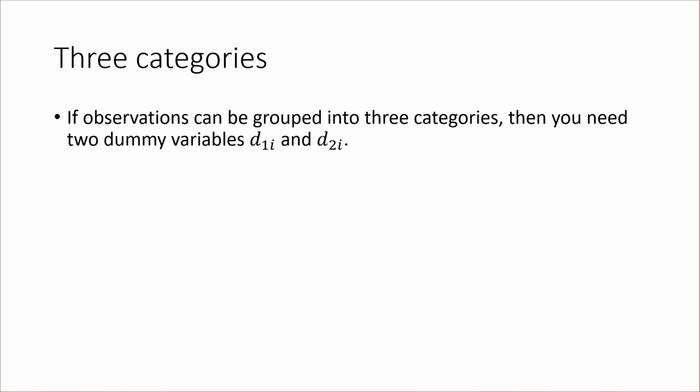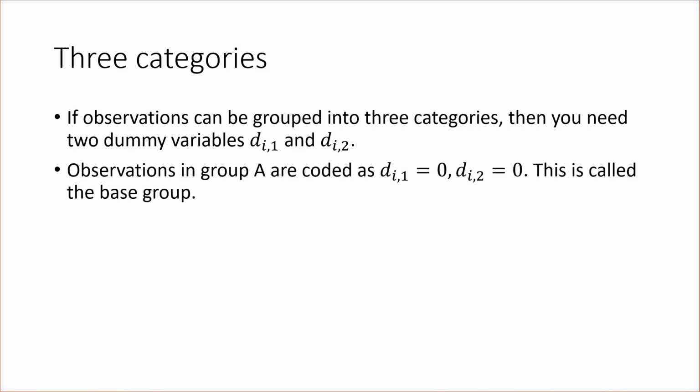So to handle this case with three categories, we actually need two dummy variables. So we introduce these and we call them D1 and D2. I want the i index before the name of the variable. So let's call the observations in group A our base group. And the base group are coded as follows. We code D1 to be 0 and D2 to be 0.